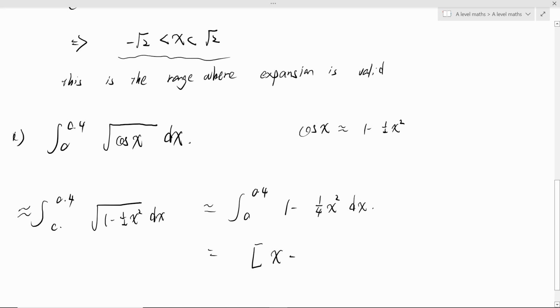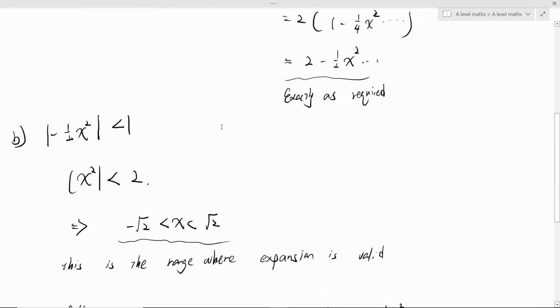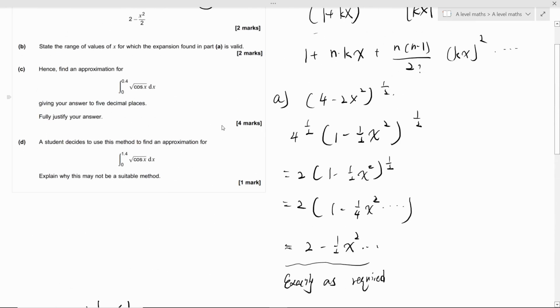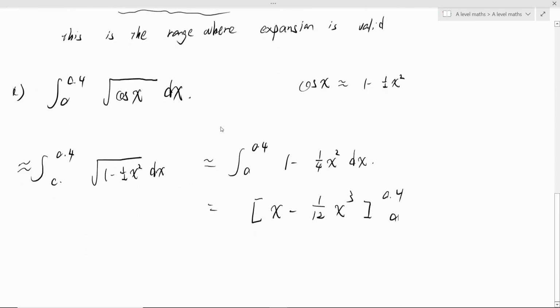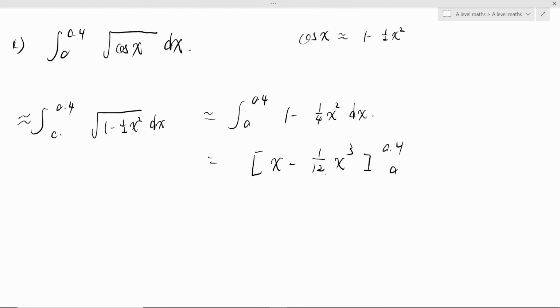This is equivalent to x minus 1 over 12 x cubed, between 0.4 and 0. So you can write it as 0.4 minus 0.4 cubed over 12. Just type it out on the calculator.